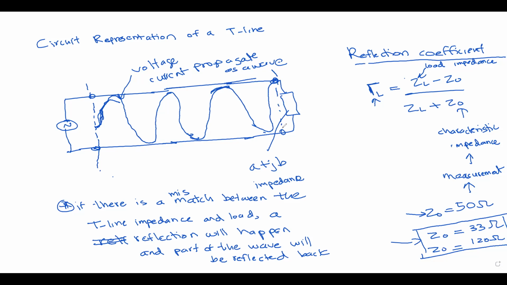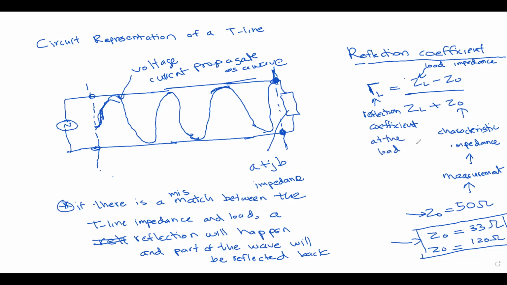If we try to find the reflection happening at the load point where the load is connected, then we find the reflection coefficient at the load, which we define as tau L.